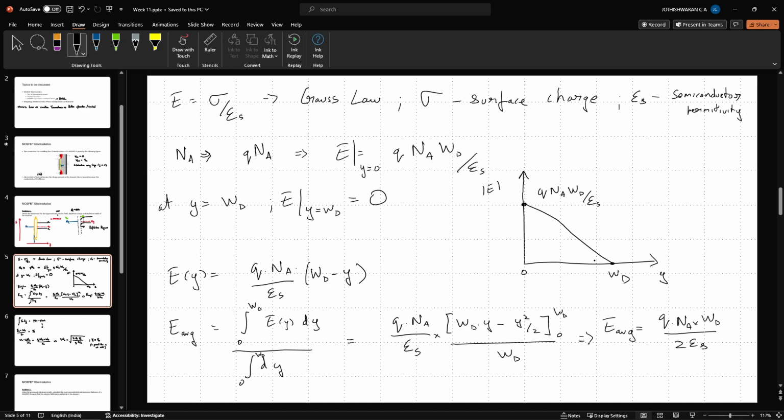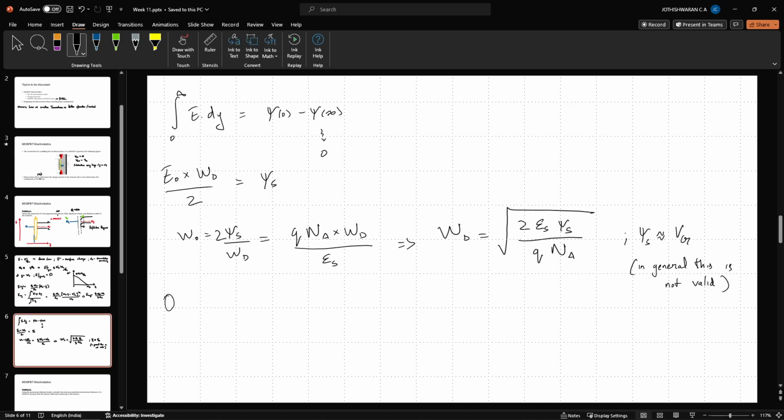So that will give us the expression for the depletion charge. QD can now be written in terms of these parameters over here.